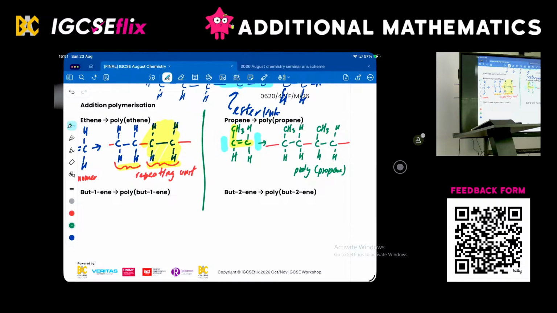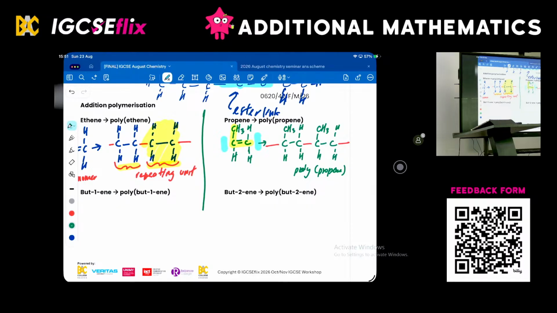Hey guys, look. The bond at the side. There. Thank you. So, this one is correct. But, okay.